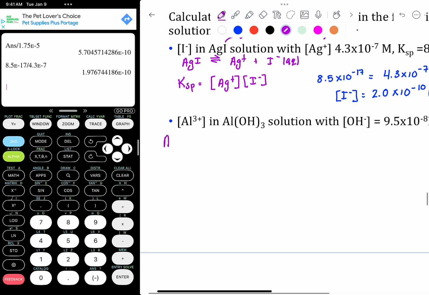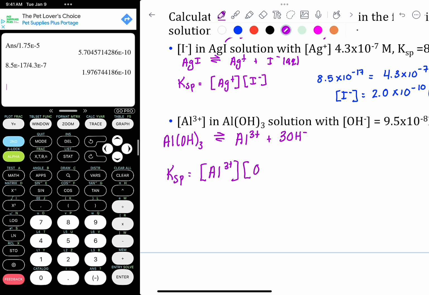So we have aluminum hydroxide in equilibrium with Al3+ and 3 OH−. So our KSP is equal to the concentration of Al3+ times the concentration of OH− that we are going to cube.